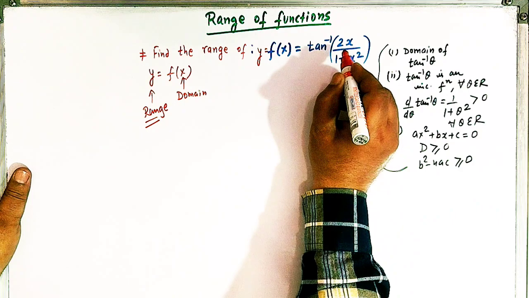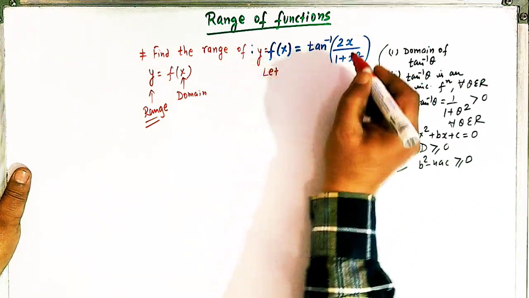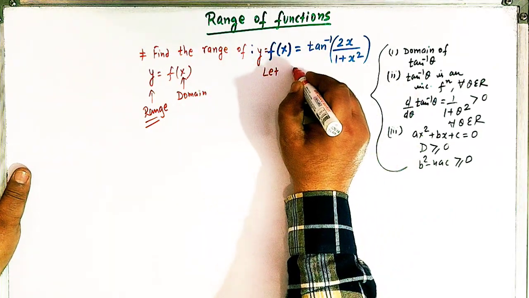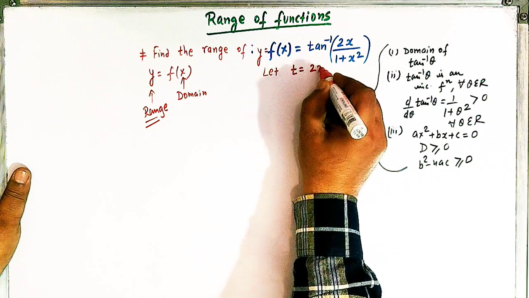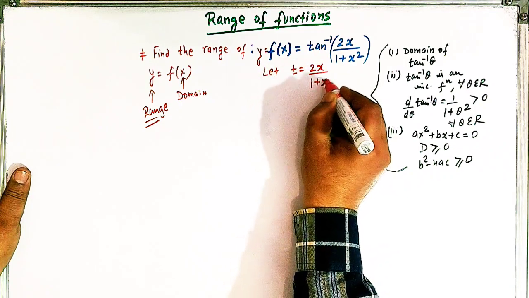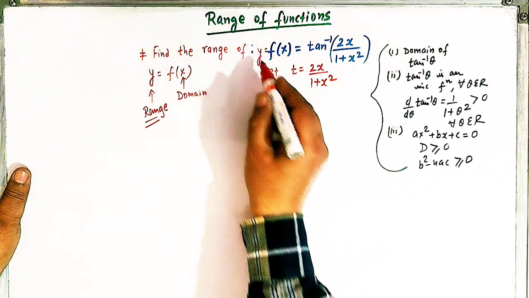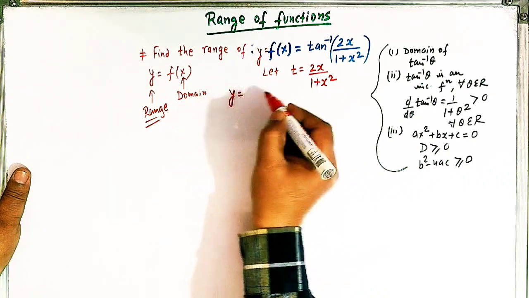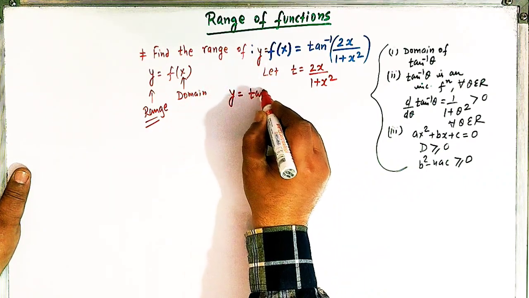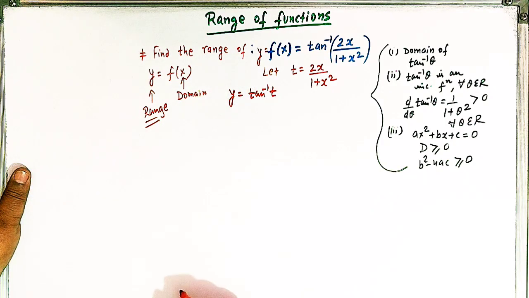So now here let us take one more substitution. So let us take t is equal to 2x over 1 plus x square, right? So now we can have y is equal to tan inverse of t, right?